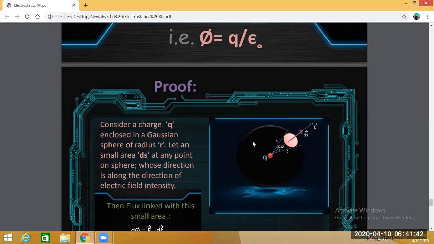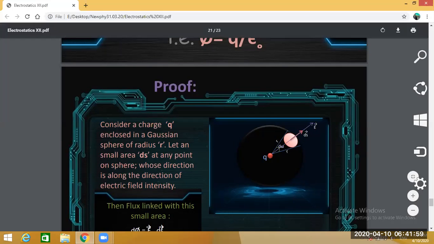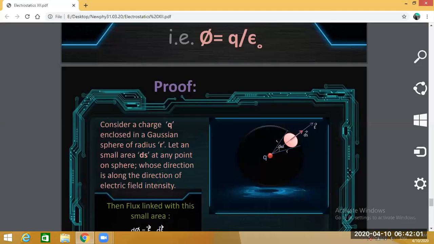So this much charge is enclosed by this sphere. How much charge is enclosed by this sphere? Q. Total charge enclosed by this sphere is Q. And this sphere is not a real sphere, it is an imaginary sphere, just like our atmosphere has a spherical shape, but it is not a real sphere. So try to understand.